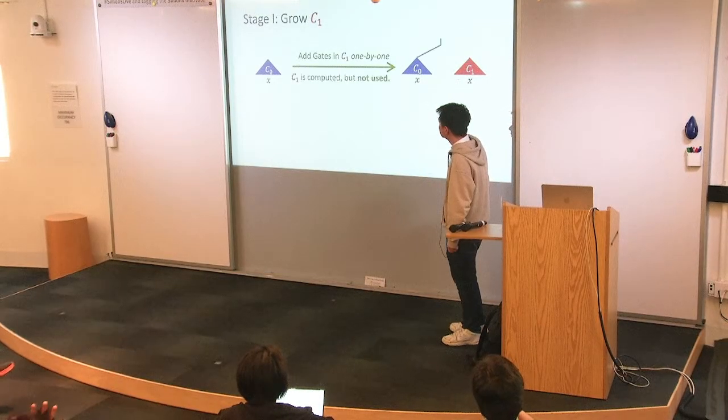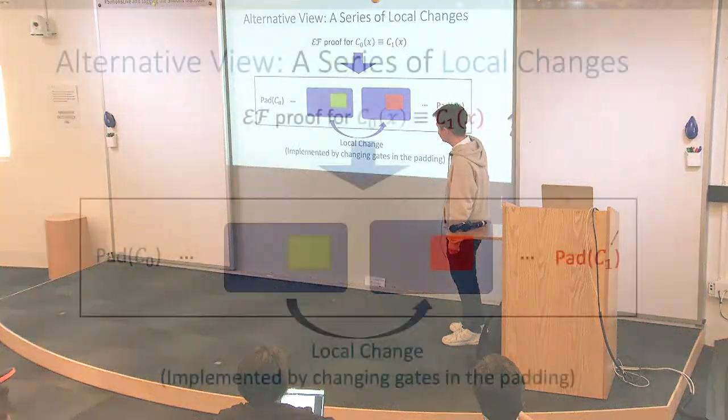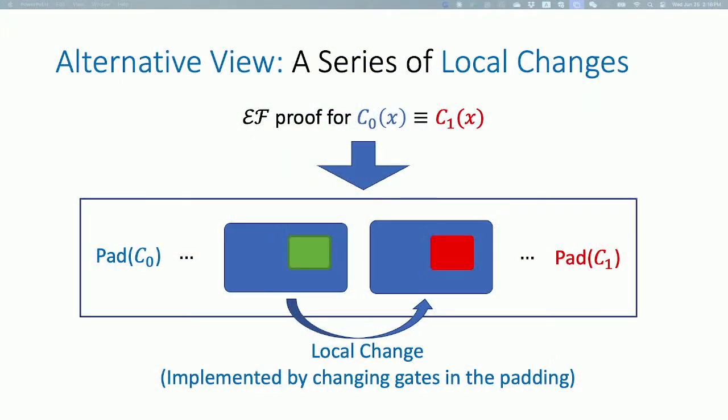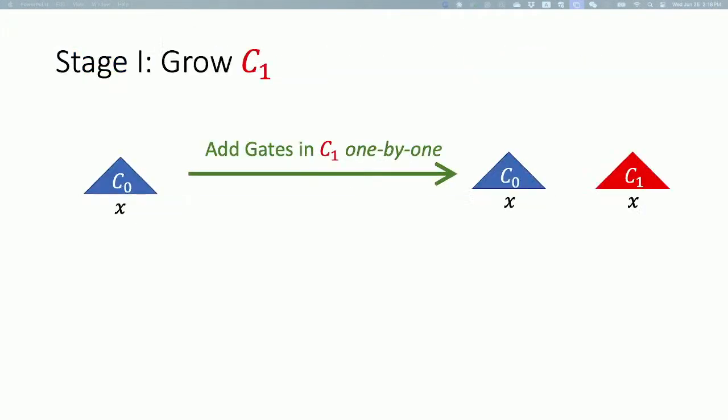Okay. Next I'm going to describe what the sequence of local changes is. These local changes consist of several stages, and each stage consists of multiple steps. In the first stage, I'm going to add the gates in C1 one by one to this padded circuit.